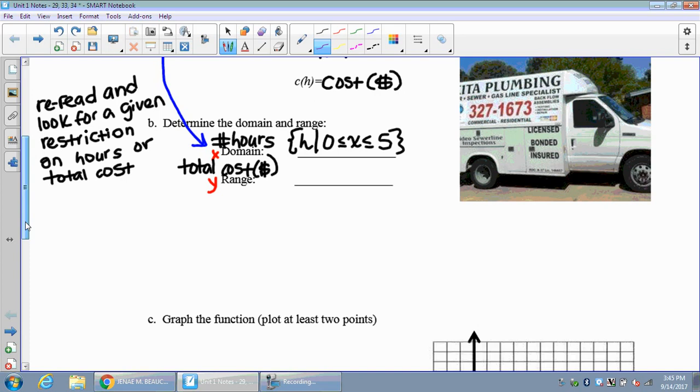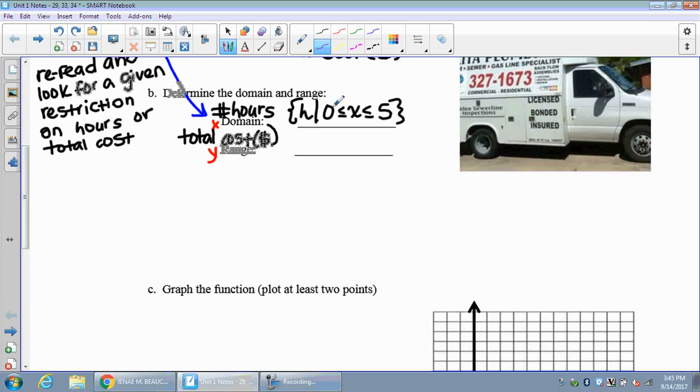So if I'm given a restriction on the domain, my next step is to realize this is my smallest x value and this is my largest x value.